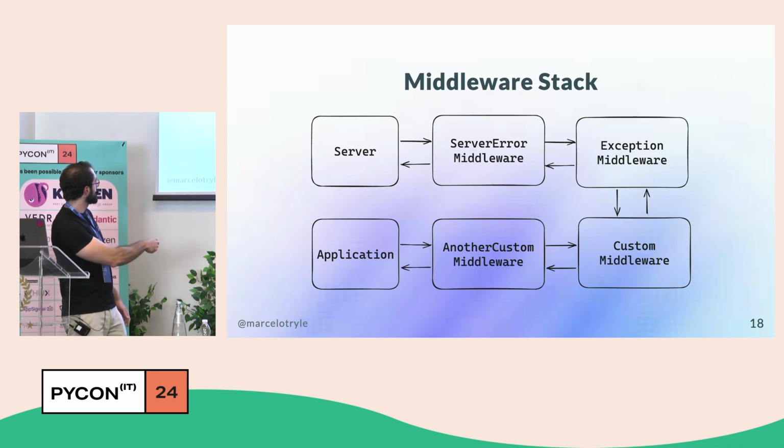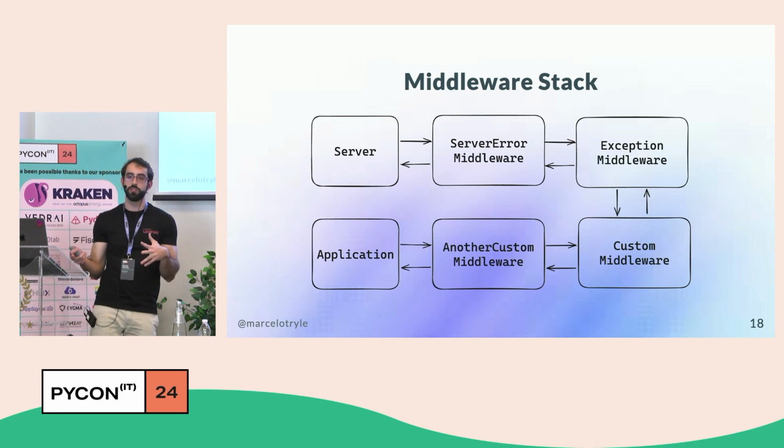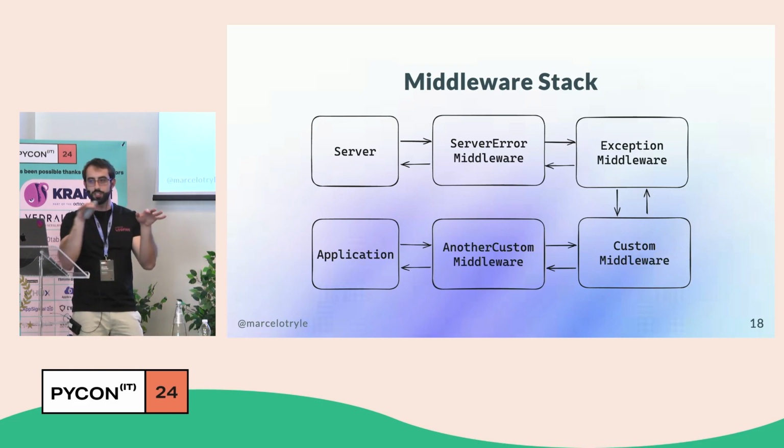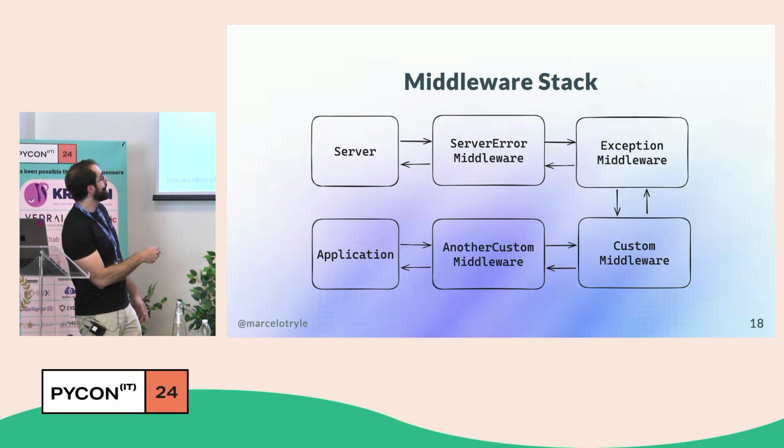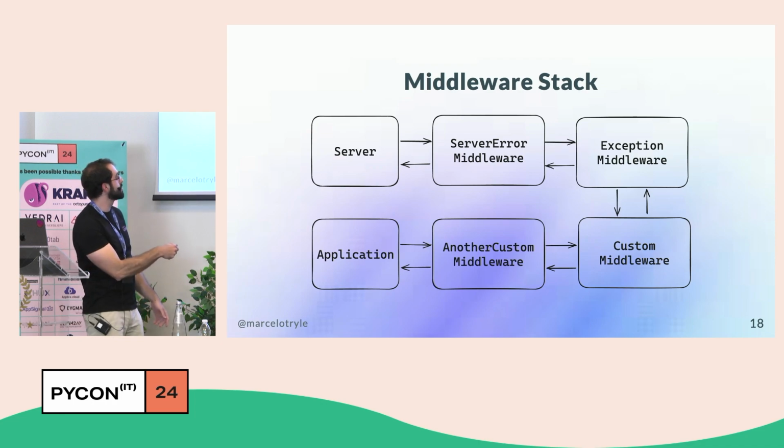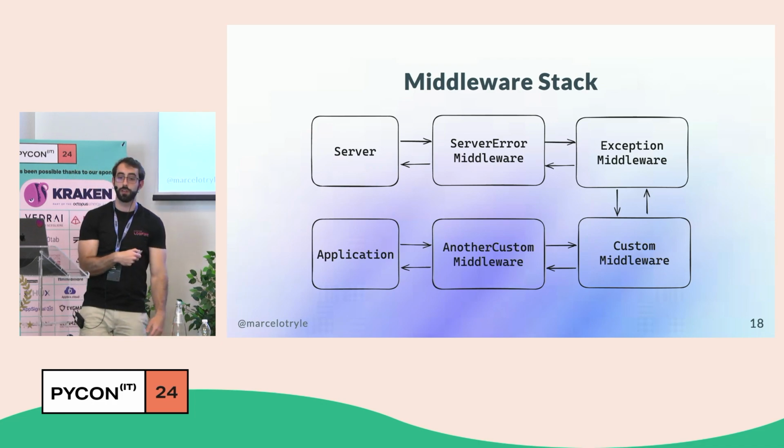If you have an exception in your application, it goes here. You see the application with the exception, then the custom middleware, another custom middleware, and then it goes up. If it is one of the exceptions that you defined with the HTTP exception decorator, it's going to be handled here, and the exception is not going to go up to the server error middleware.